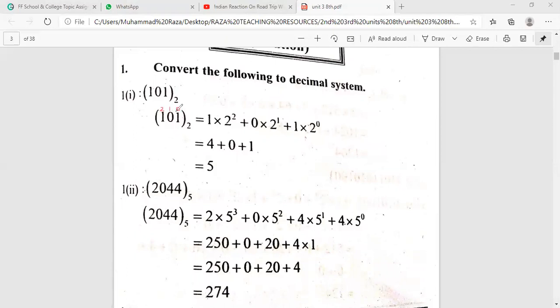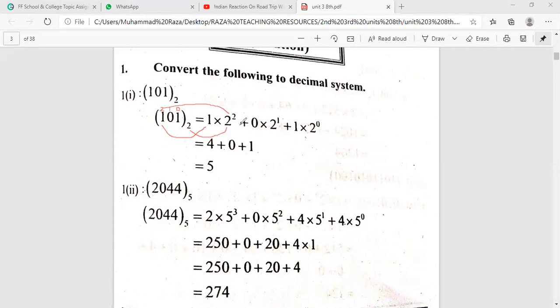These numbers represent the power. Now we write this 1, and then multiply by 2, which is the base, and this power 2 will come on this number. This is how we write.